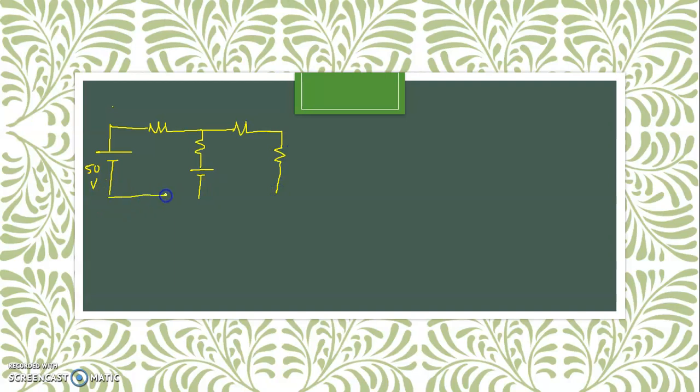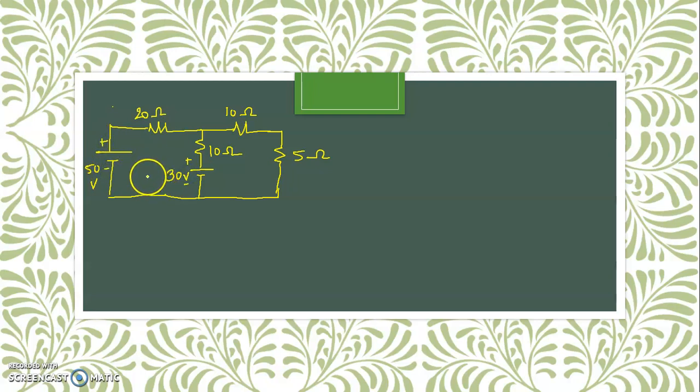So let us write the values for the resistances. This I already said, it is 50 volt. This is say 20 ohms, this is say 10 ohms, this is say 5 ohms, this is again say 10 ohms, and this voltage with positive negative sign is say 30 volt. Okay, this is also with positive negative sign.